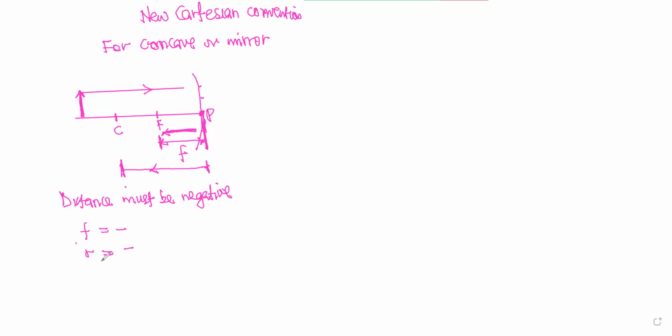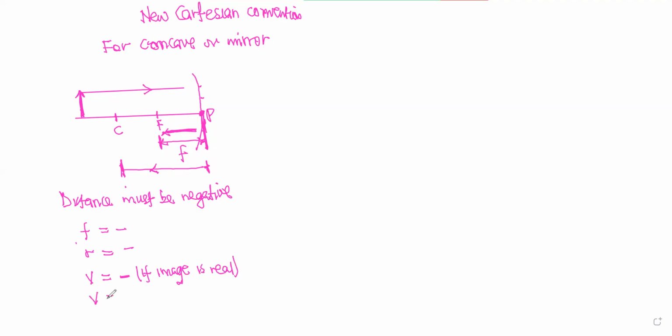Now, if a real image is formed, a real image will be formed in front of the mirror. And so the image distance v, if it is real, will be negative. This is v is equal to negative if the image is real.